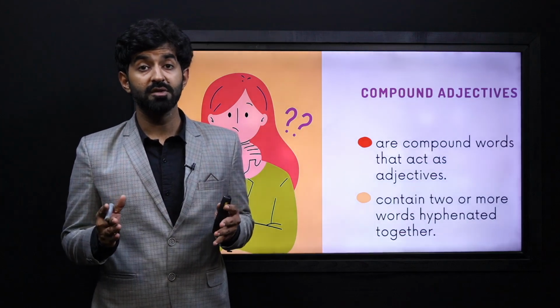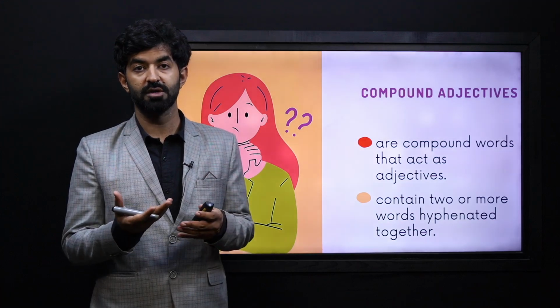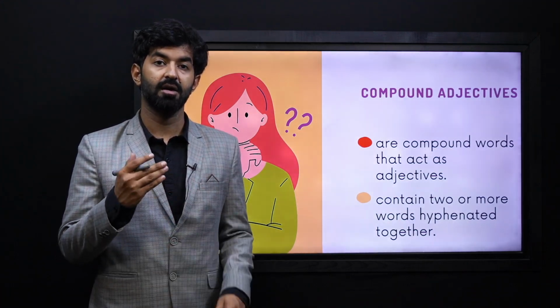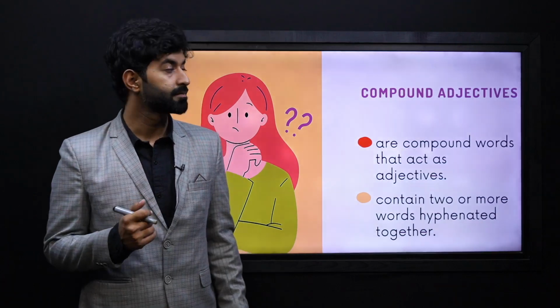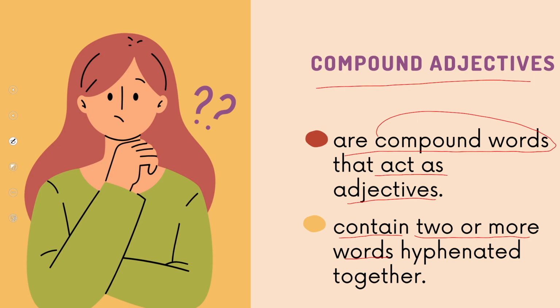I hope, my curious learners, that you're already familiar with compound nouns. They are two words put together and they are acting as one word or one noun. Now, let's talk about compound adjectives. They are compound words that act as adjectives, containing two or more words hyphenated together.